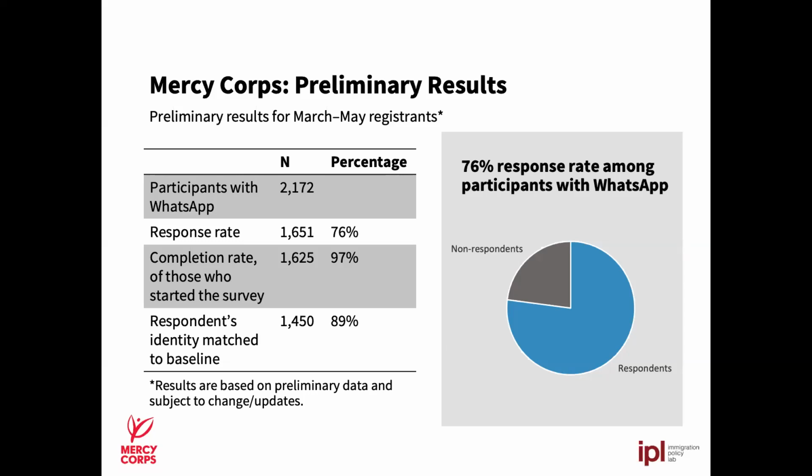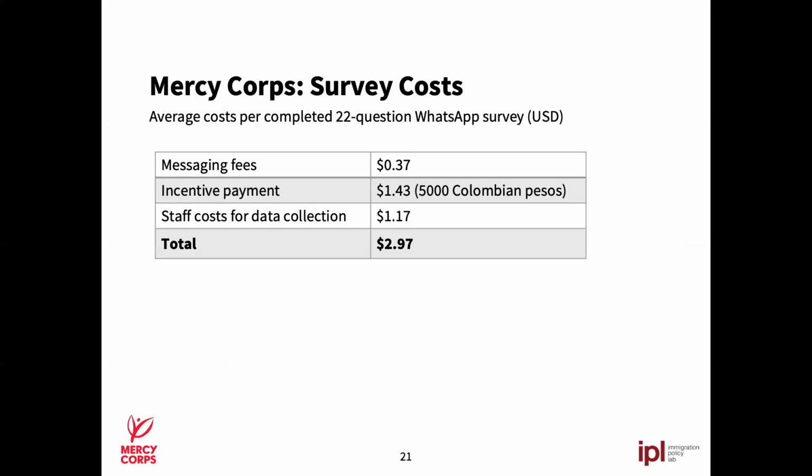And of those that responded to at least one message, 97% went on to complete the entire survey. So that was phenomenal. And of those that completed the entire survey, we were able to verify the identity of about 90% of them, to ensure that they were the individuals that we were indeed seeking to speak with.